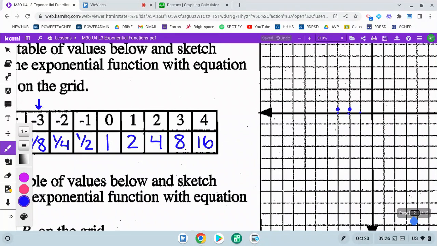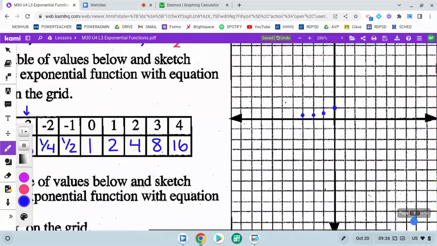Next one is -1 and 1/2. So this time I can move it up a tiny bit. Then I have 0, 1. So now I'm finally at an actual grid line for my y-axis. And I have 1, 2. So I'm slowly moving over 1 every time on my x-axis.